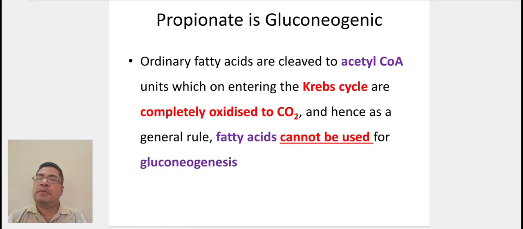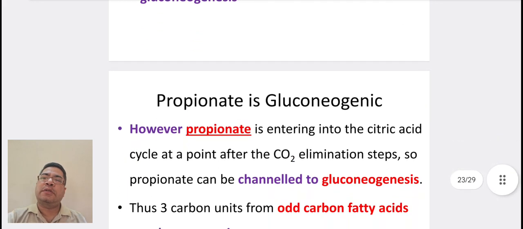The next point is propionate is gluconeogenic. Ordinary fatty acids are cleaved into acetyl CoA, which enters the Krebs cycle and is completely oxidized to CO2, and hence, as a general rule, fatty acids cannot be used for gluconeogenesis.